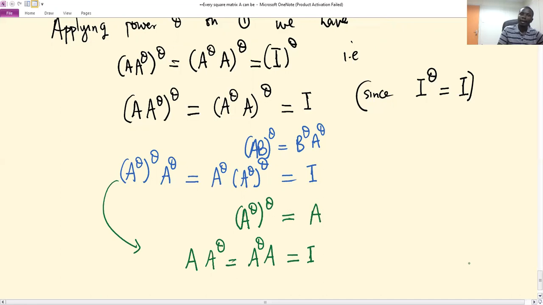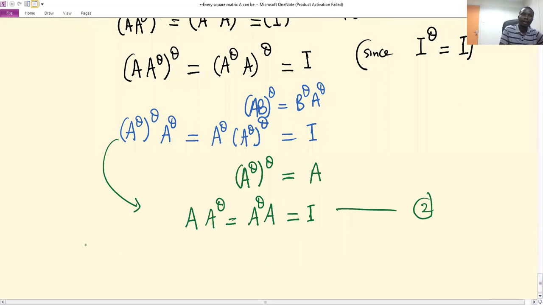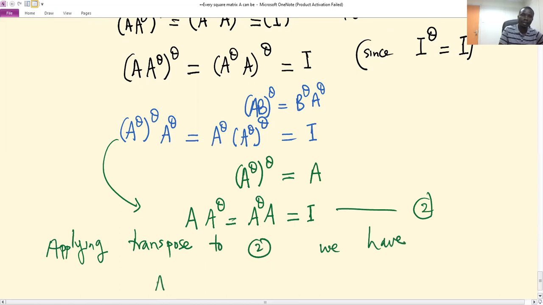Now, call this one 2. Applying transpose to 2, we have (A power theta A) transpose equals (A A power theta) transpose equals I transpose.